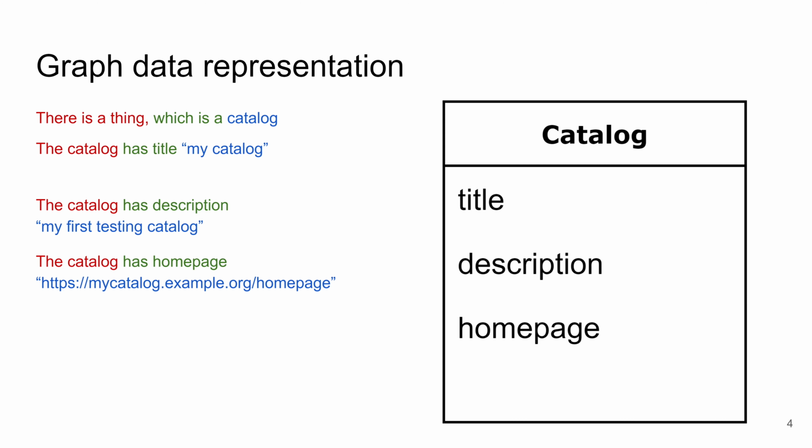So there is a thing, our catalog, and we say, which is a catalog. Three parts to this simple sentence. Then we say the catalog, again the same catalog, has title, and the value is my catalog. So again, all these sentences have these three basic parts: the thing we talk about, some value we assign to it, and the way we assign the value.